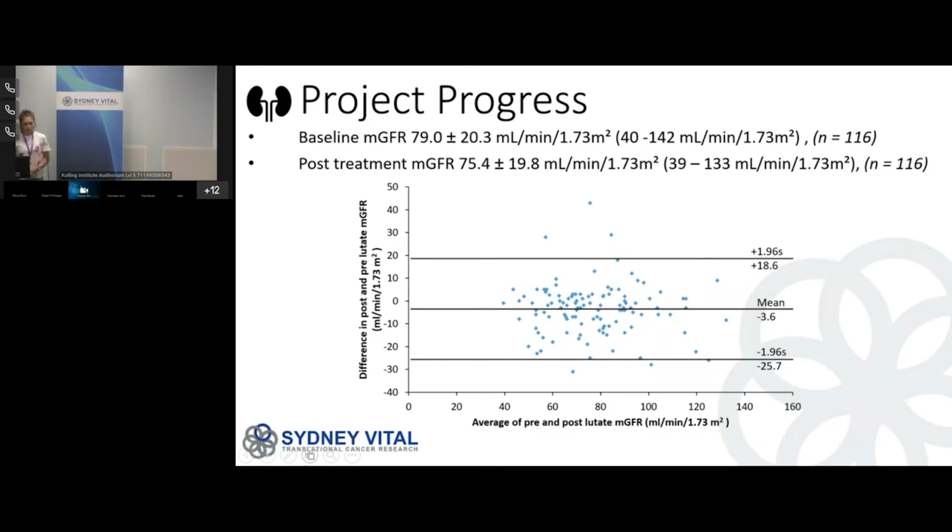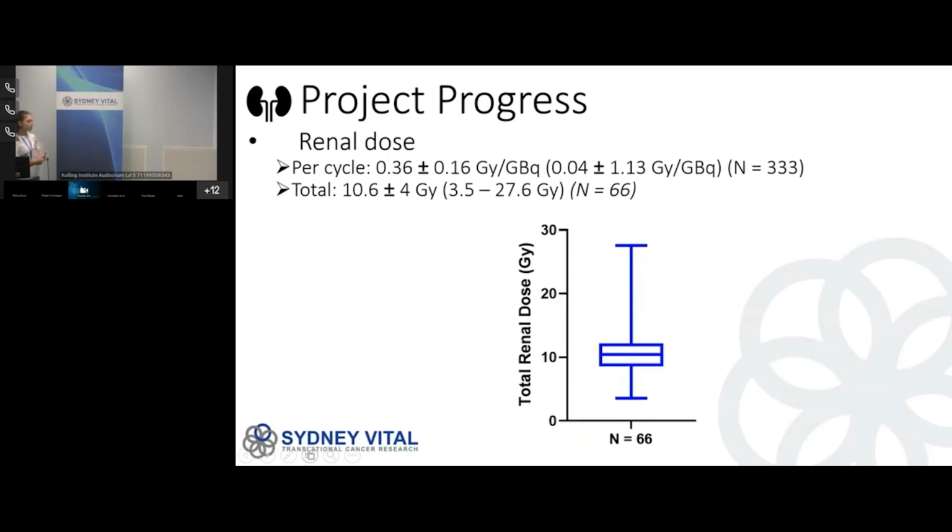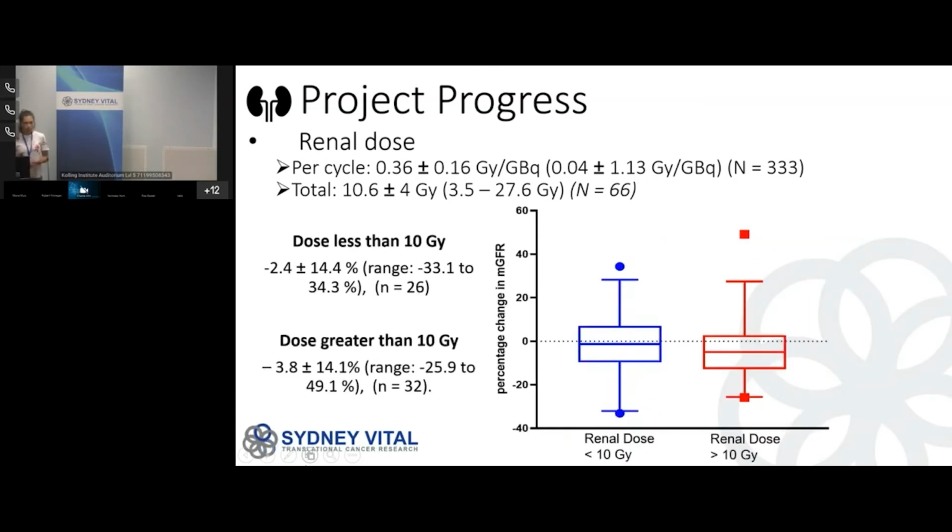0%, zero change. Now we wanted to see the renal dose patients received during our treatment. We found that on average, patients received 10.6 gray across the 4 cycles, which falls below the accepted threshold of 20 gray for the kidneys. We then wanted to see if this renal dose had an impact on the renal function.